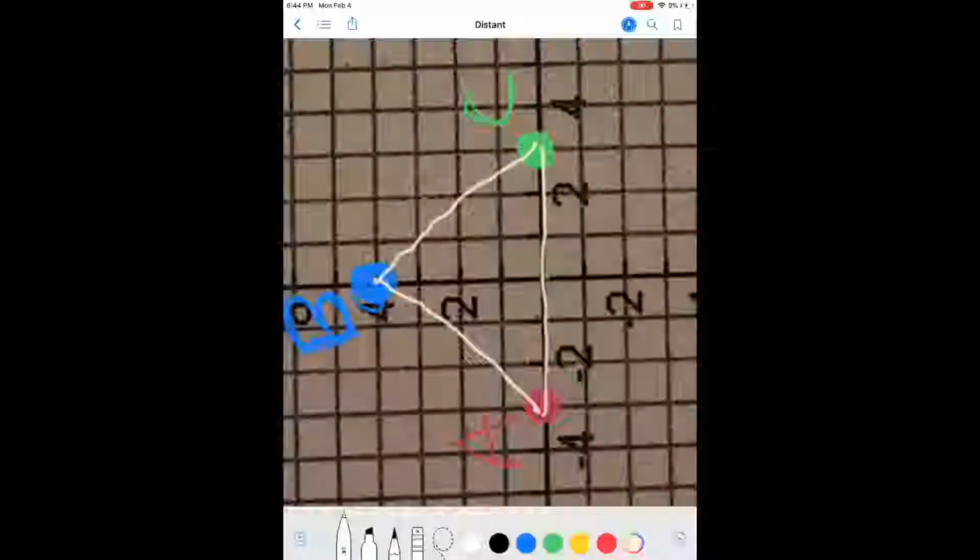So in between A to C, we have exactly one length in between dot A and the next dot. So 1 length, 2, 3, 4, 5, 6. So they're going to be exactly 6 units to the right to get to C.